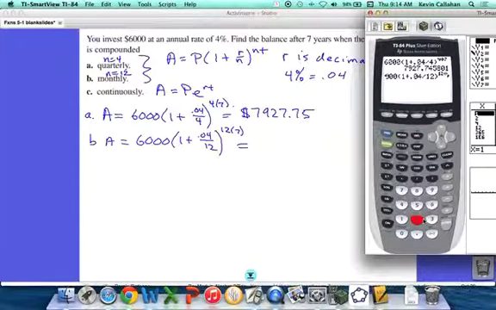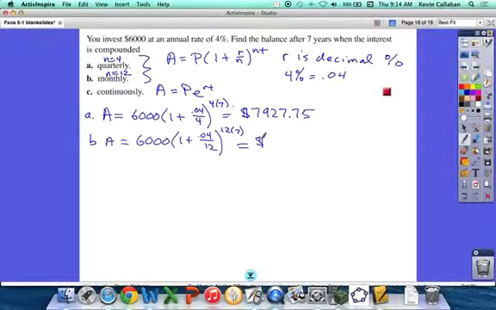I just changed my 4s to 12s. Everything else is the same. $7,935.08. Which is more than you would expect, right? More compounding, a little bit more money. Not a ton more money, but it's a little bit.